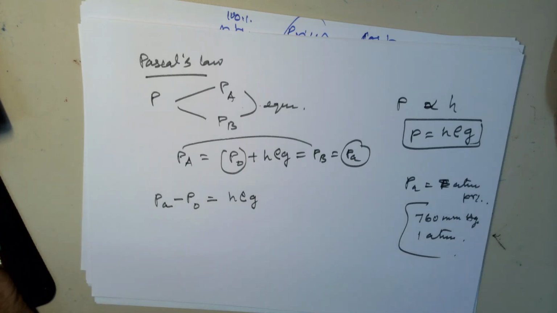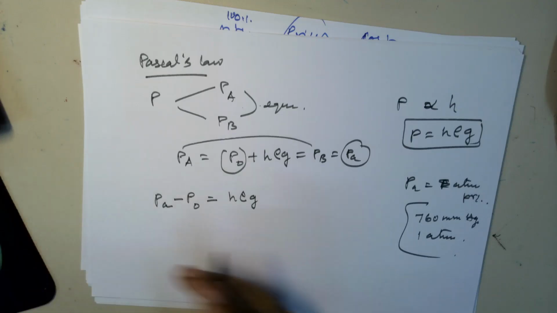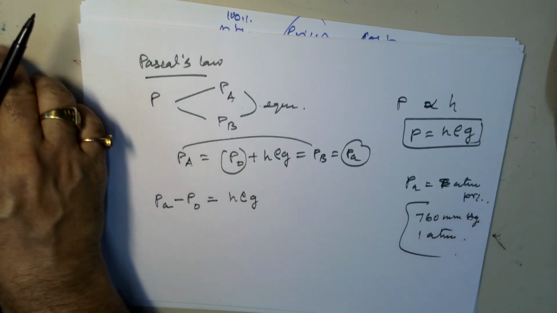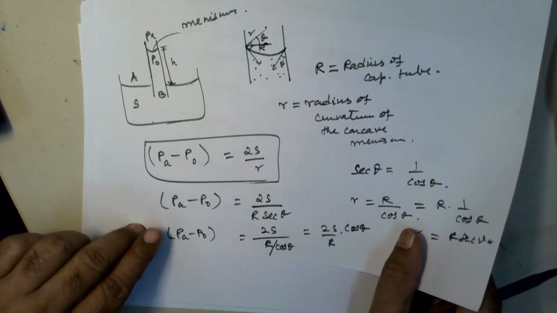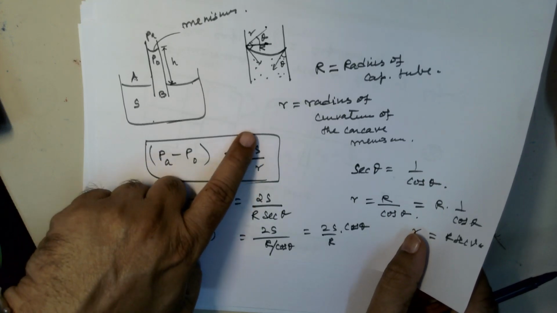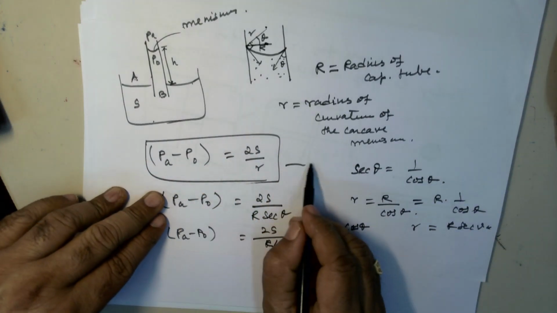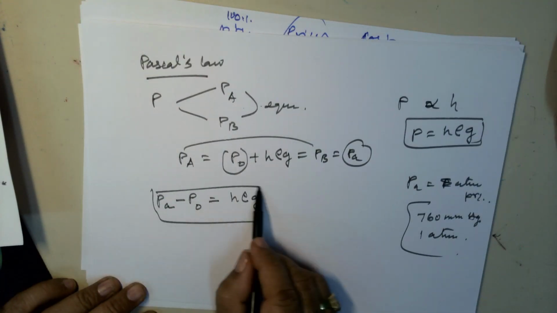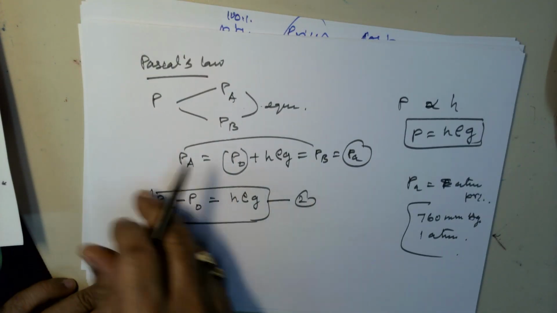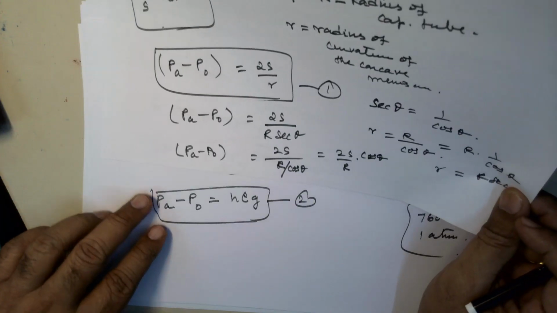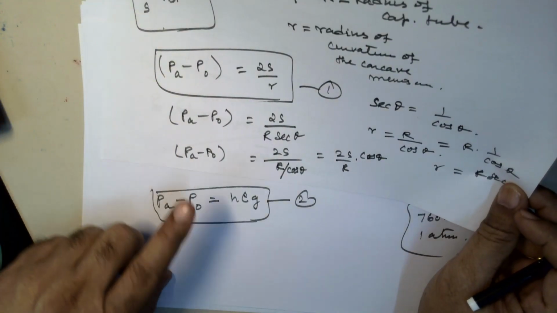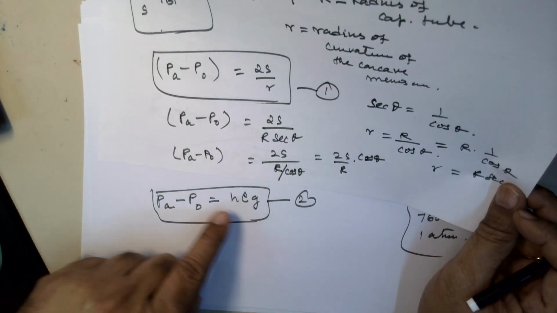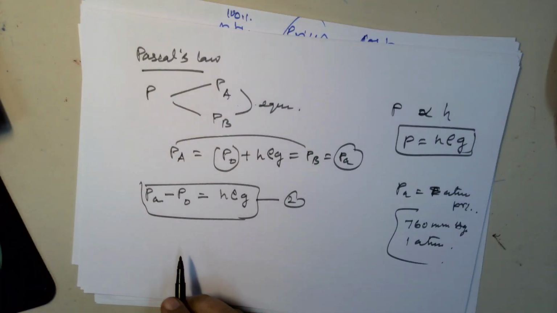So PA minus PO is equal to h rho g. Now we have got one important equation here. What is that? PA minus PO is equal to 2S by R. So this is equation number 1. And here we have got another equation 2. Now let us compare the RHS and LHS of these two equations. Therefore here h rho g is equal to 2S by R.